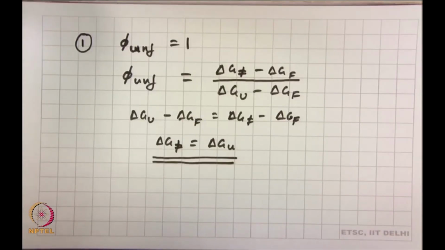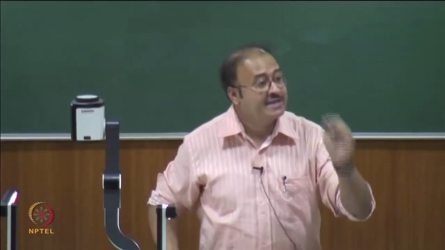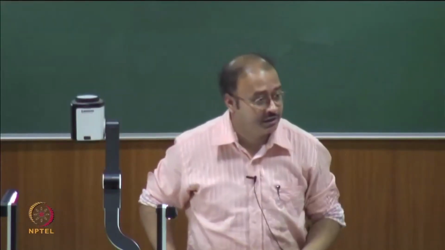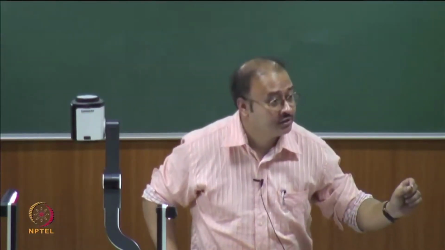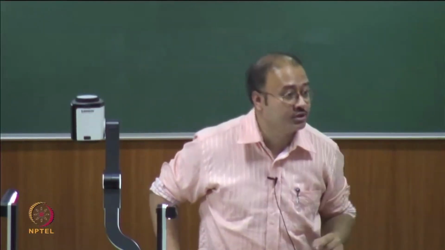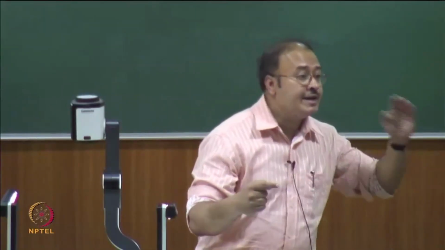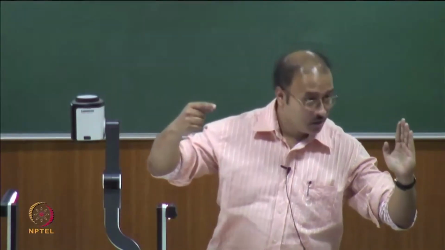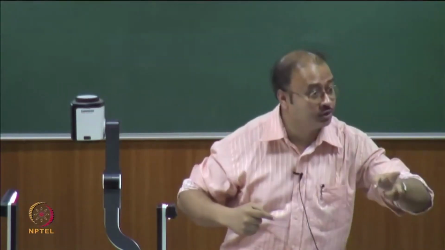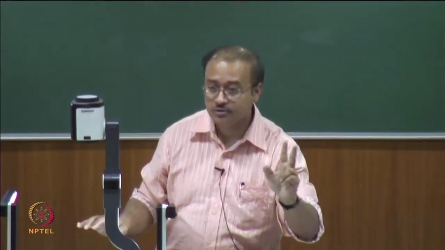To put it in words, whatever structure I am looking at, the protein is as unfolded in the transition state as it is in the unfolded state for both the wild type and the mutant. Do you understand this or not? That means there is a 1:1 correspondence between the change in free energy of the unfolded state and the change in free energy of the transition state for both the mutants. I do this for the wild type and then I do it for the mutant.